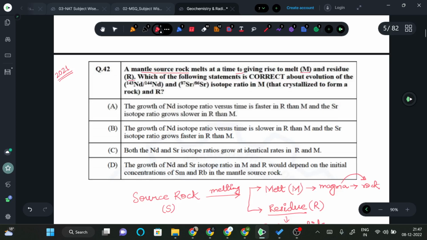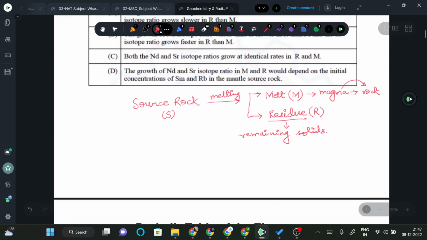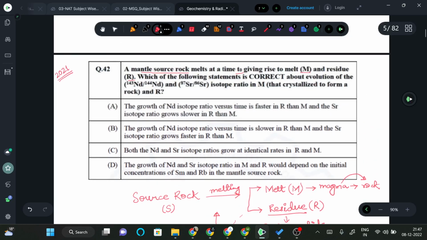So at time T is equal to T naught, a melting event happens, and then it produces melt and residue. Which of the following statements is correct about evolution of the Nd ratio and Sr ratio in melt and residue?